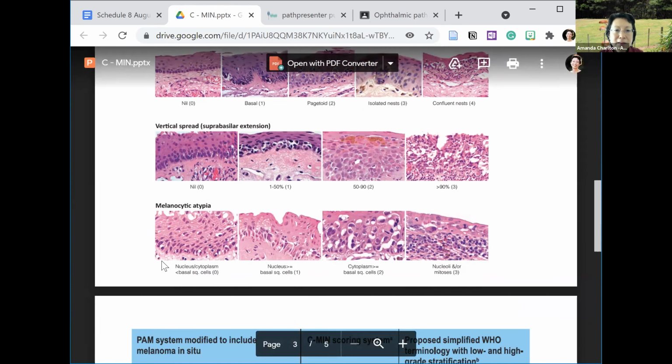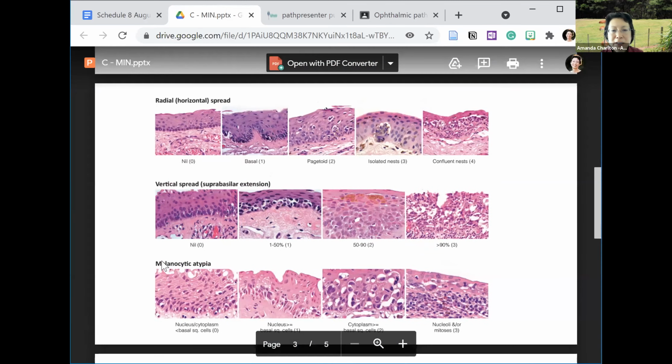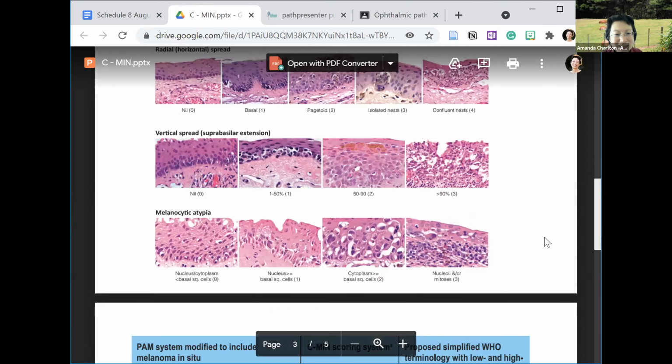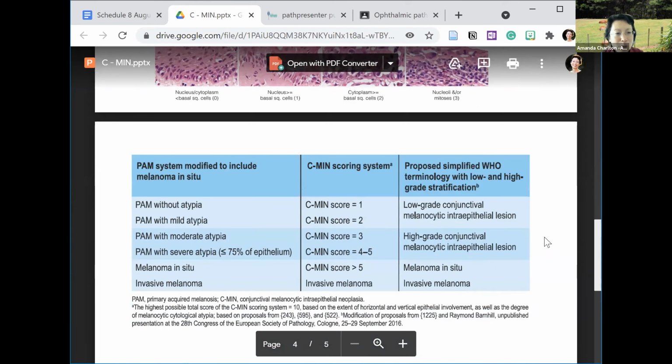So that's the purpose. As you can see, we've got this matrix, we score it up and you get a score out of 10, and it's more reproducible and systematically standardized rather than just eyeballing it and saying, looks like medium atypia, so more standardized. And this is how it is turned into words.